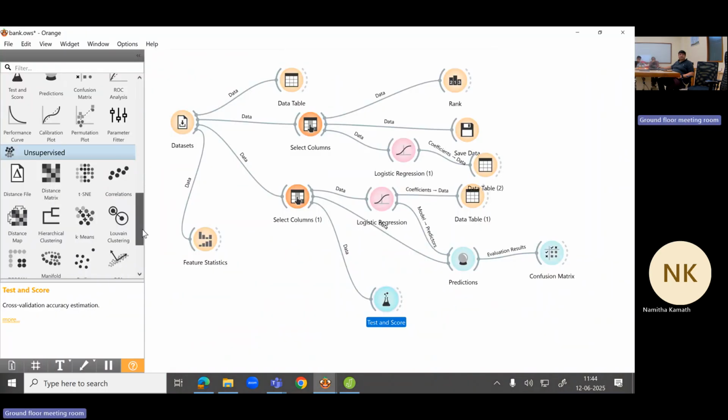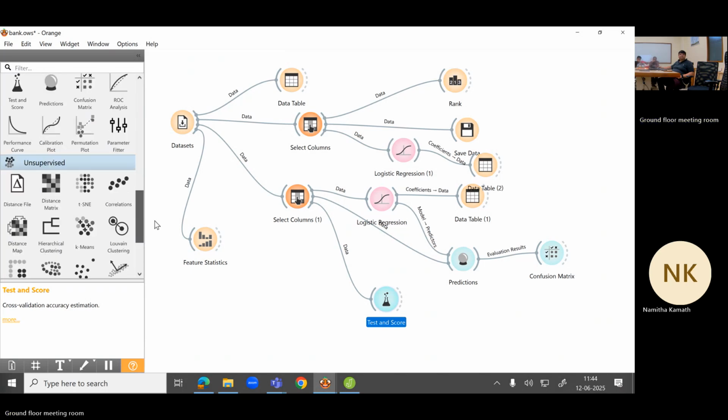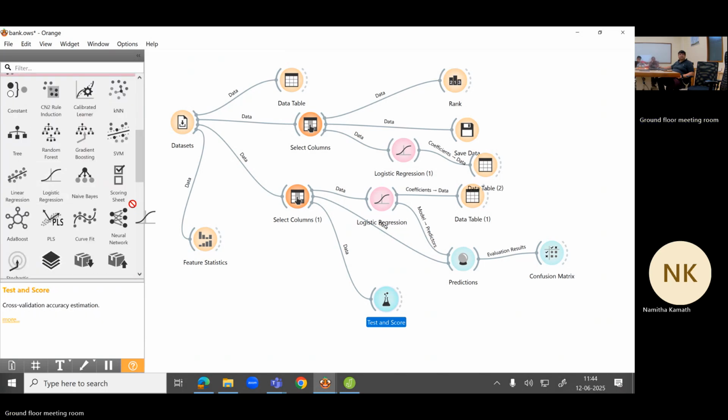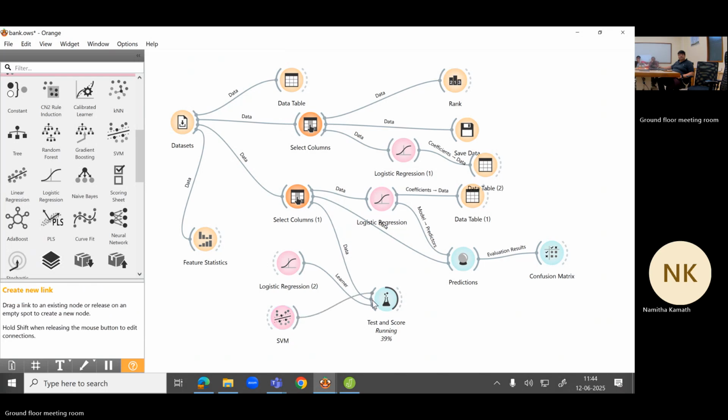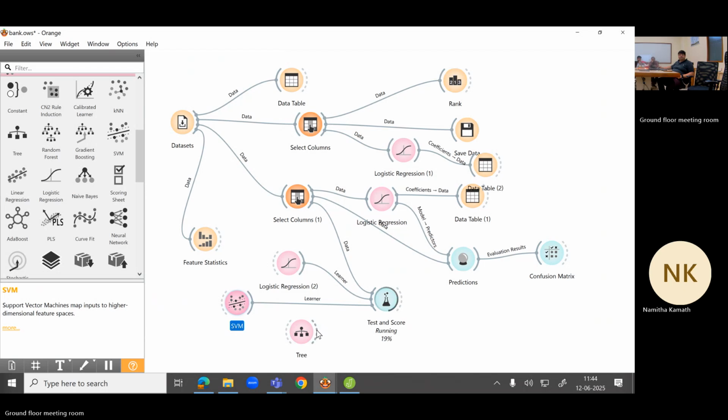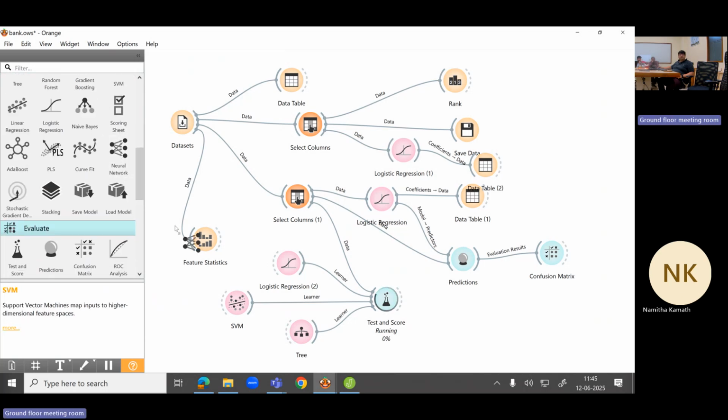So logistic regression, then support vector machine, and decision tree. What is neural network?